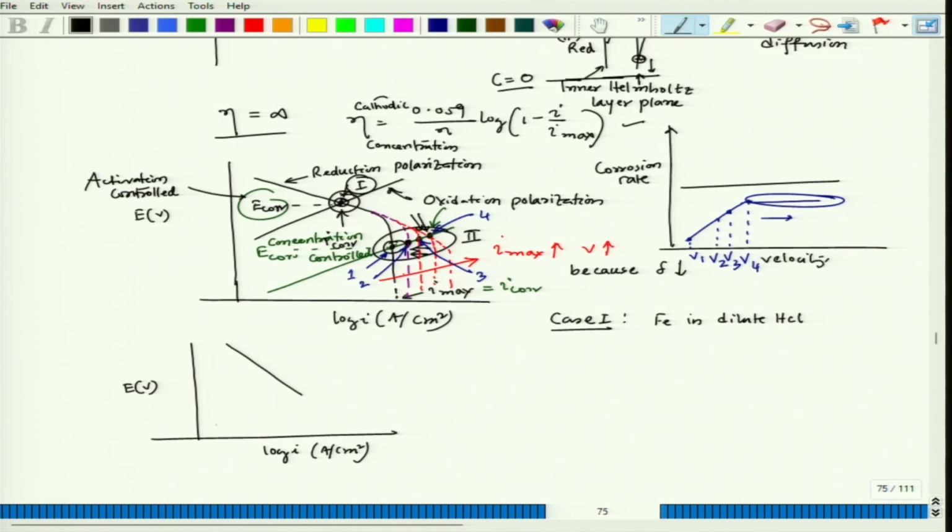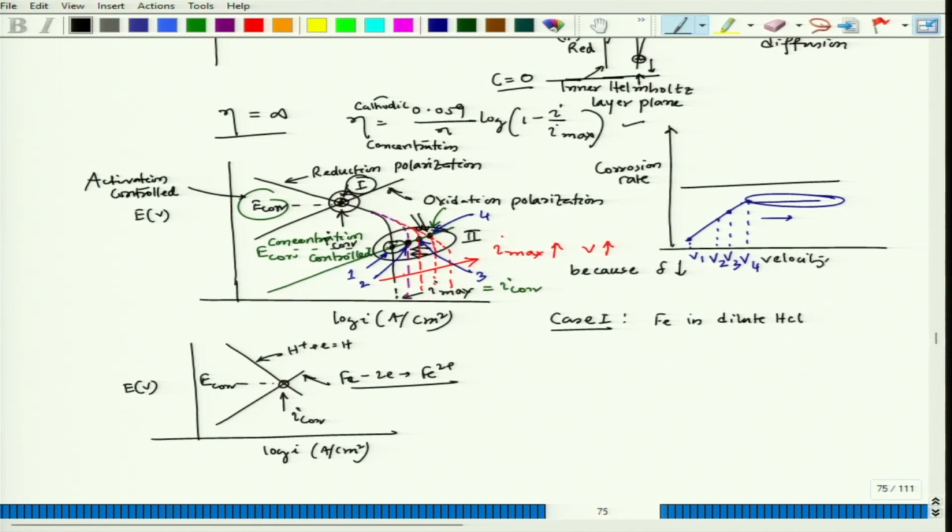This is hydrogen evolution, H plus plus e equals H, this is iron dissolution, and this is my I corr and this is my E corr, a typical plot of this nature. In case 1, the interaction happens in the activation region; the interaction point would be guided by the interaction between two activation polarization lines.